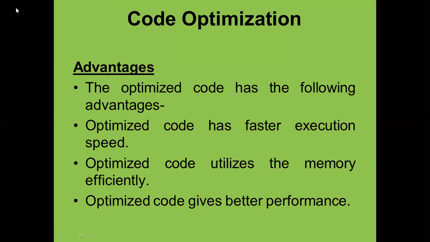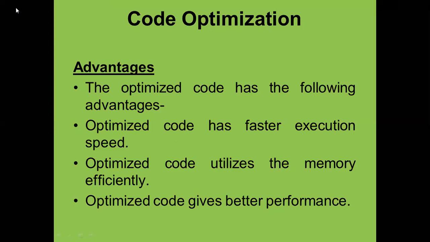Whenever the programmer writes the source code or the source program, it must be written in such a manner that it occupies less space, with less requirement of memory, and also the efficiency of the compiler must be enhanced. So for that, the compiler uses different types of optimization techniques.